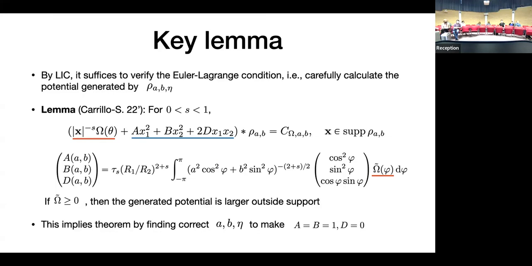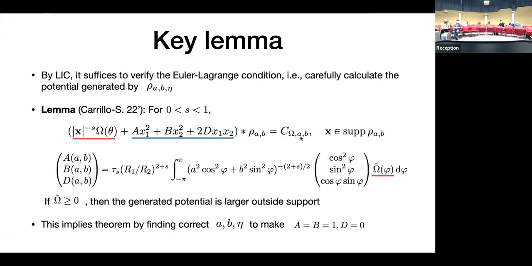So our key lemma is like the following. Suppose you take this anisotropic potential |x|^(-s) times omega of theta, if you pair with some very particular quadratic potential, and then take the generated potential for the ellipse-shaped distribution, then it satisfies the Euler-Lagrange condition.